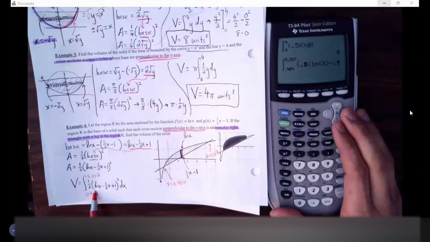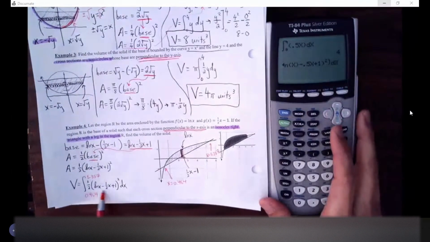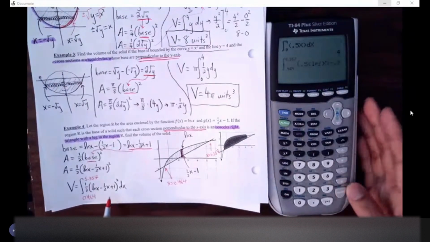I did a big parentheses, natural log of x minus 1/2 x, or 0.5x plus 1, close parentheses, and then I squared as well. So I want to make sure I square my resulting expression all inside the parentheses. Make sure you put a dx.